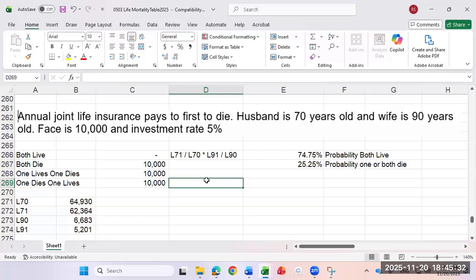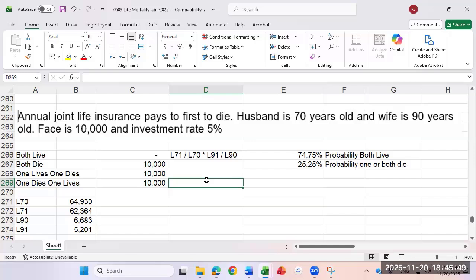Now here, it gets a little bit tricky. You've got a 25% chance of paying out 10,000 bucks, and you're making 5%.